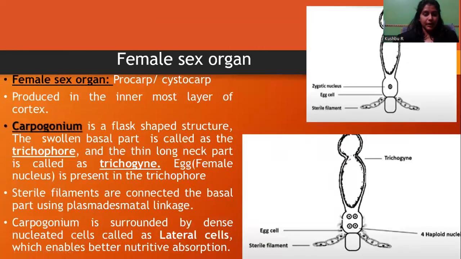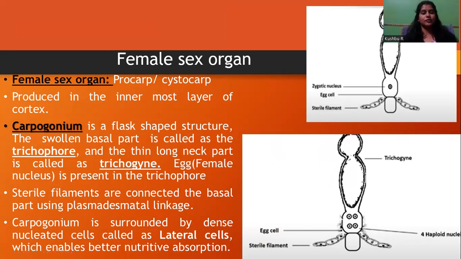Coming to the female organ of this Gracilaria, it is called the cystocarp. Your cystocarp or your carpogonium, firstly your carpogonium is divided into two important parts. The first one is the trichophore and the second one is the trichogyne. The spermatia that comes from the spermatangium dissolves the ostiole and travels down all the way from the trichogyne and fertilizes the egg cell that is present in the trichophore.